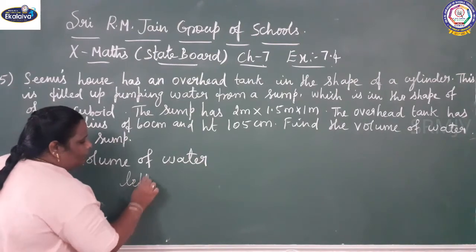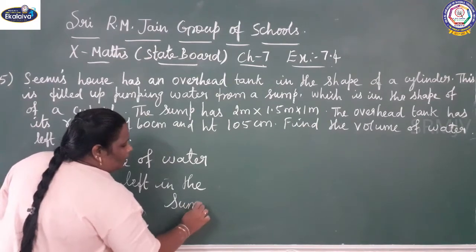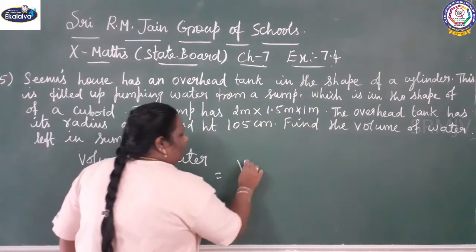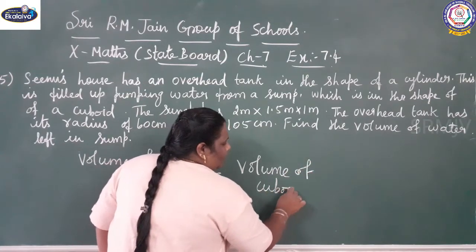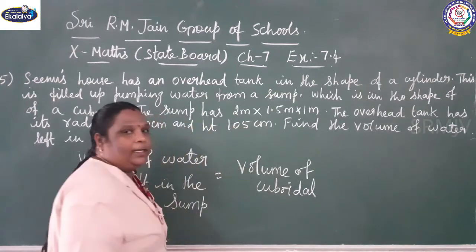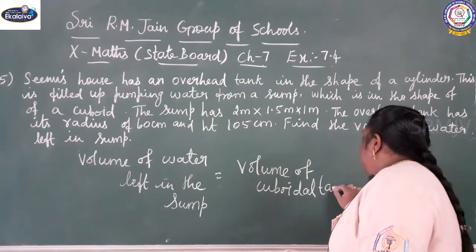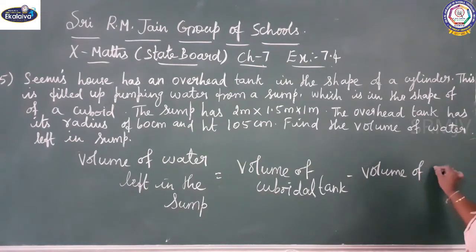Remaining water left in the sump equal to volume of cuboidal tank minus volume of cylindrical tank, that is the overhead tank.